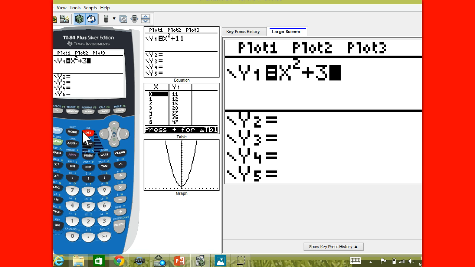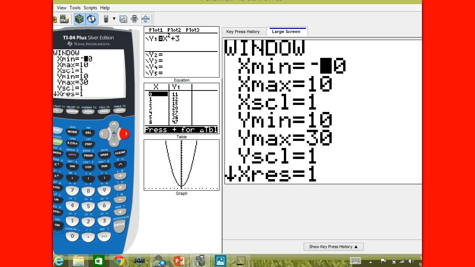They give me here A, B, C, and D. Let's put in those 4 different sets of viewing rectangles and see which one is the best fit for our graph. So the first one that they give me, they told me to go from -2 to 2.